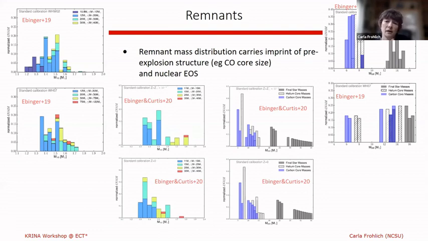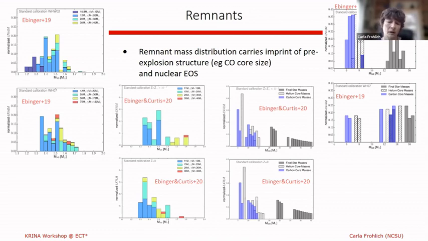So in a very simple picture, if you have a successful explosion, you end up with a neutron star. If you have an unsuccessful explosion, in whatever way that ends up being unsuccessful, whether it starts to explode and fails or whether it's direct collapse, the end point is a black hole. Again, we have solar metallicity on the left and right outside of the slide, and low and zero metallicity at the center of the slide. We have neutron star mass distributions on the left and black hole mass distributions on the right.